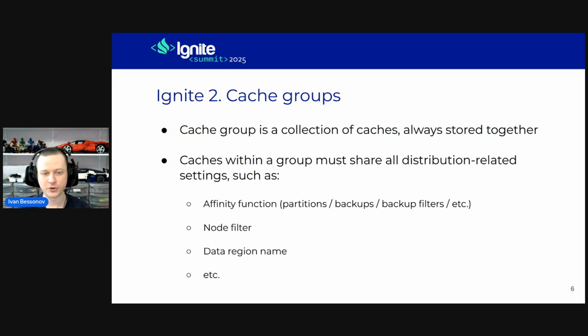It is the distribution of partitions and backups and maybe backup filters and other fine-tuned settings. And caches always store data within the same data region if they share the same cache group. And of course, the data is rebalanced together. Everything is stored together. Data is always collocated.